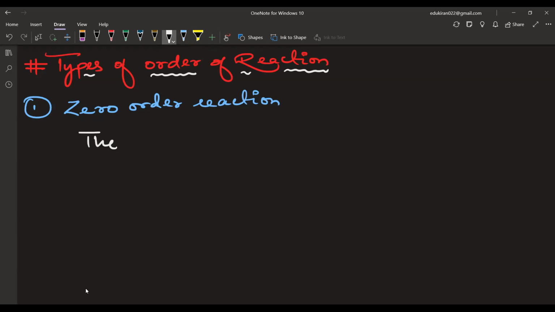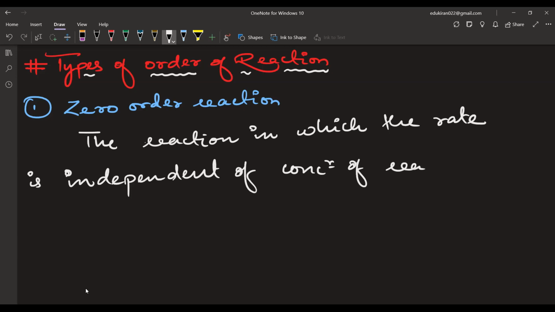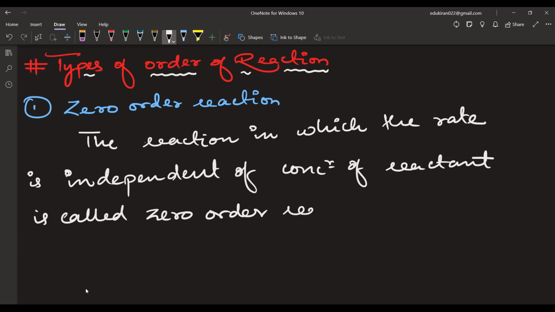The reaction in which, please write with me, the rate is independent of concentration of reactant is called zero order reaction.